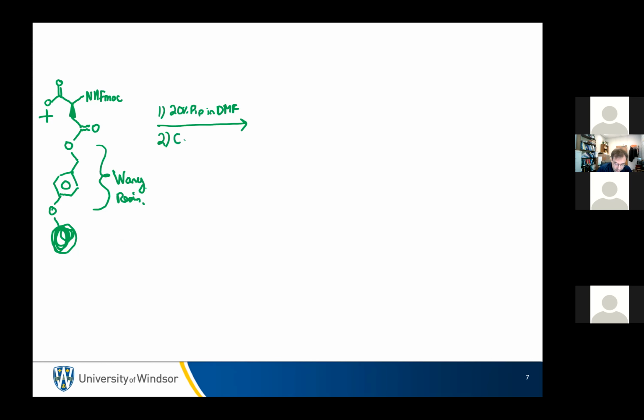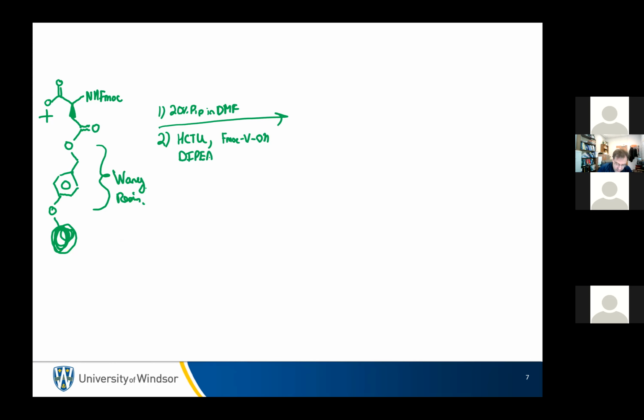And then we couple. So let's say it's just, I don't know, HCTU. This is D. The next amino acid I need to put on is V. And I guess it'll be FMOC-V-OH, DIPEA.